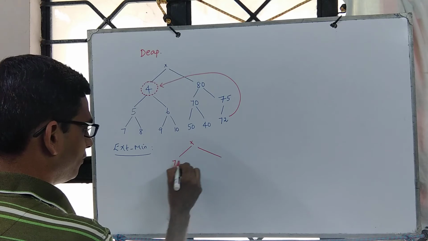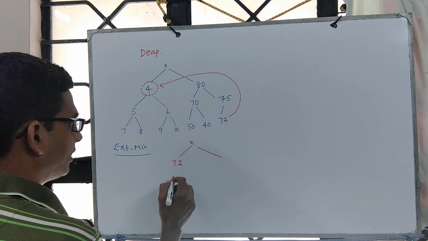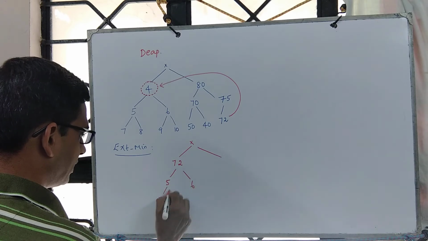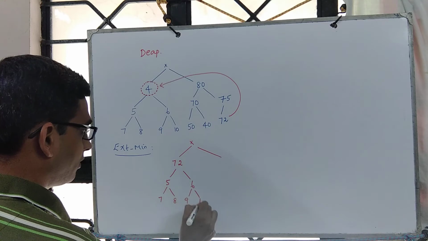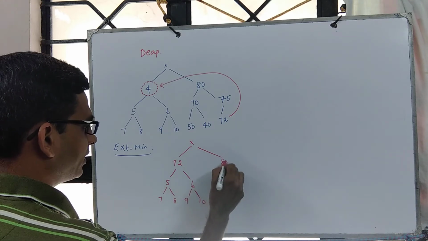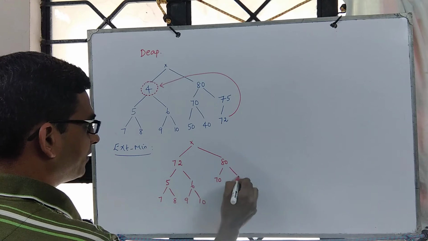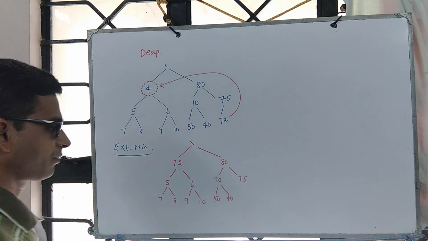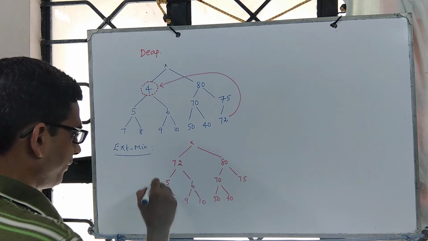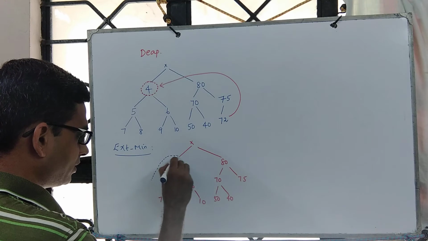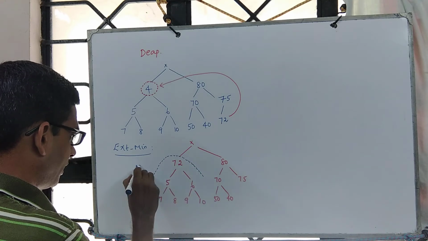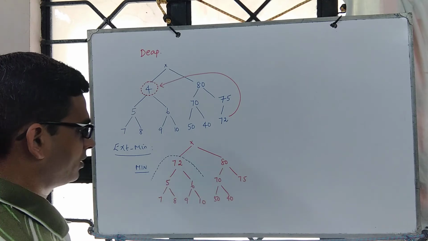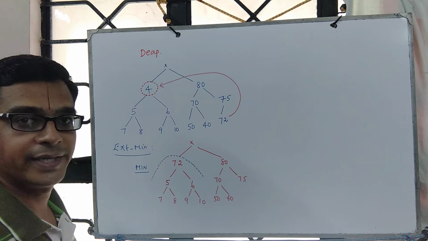So we remove 4, then bring 72 to the top, then on this side it's 5, 6, 7, 8, 9, 10, on this side it's 80, 70, 75, 50, 40. Now, when we do this, we may violate min. So we need to call this min heapify to set right the property.